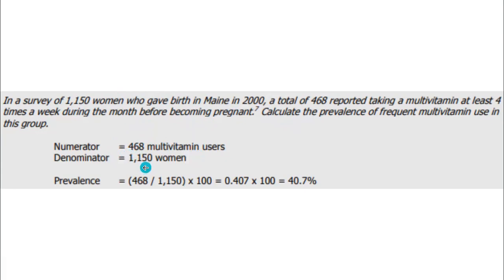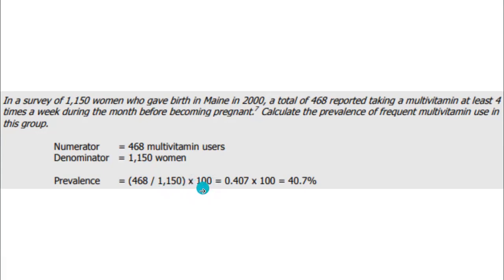So how do we compute it? 468 represents the total number of cases, or the users in this case of the multivitamins, divided by the total number of population, and then we multiply it, because this is a proportion, by a factor of 100.